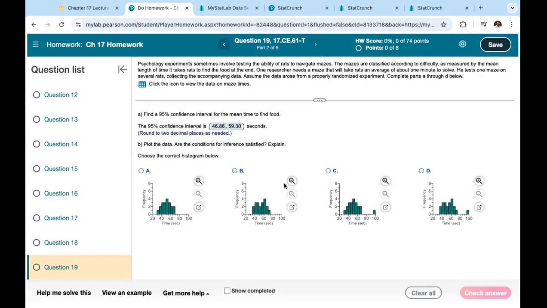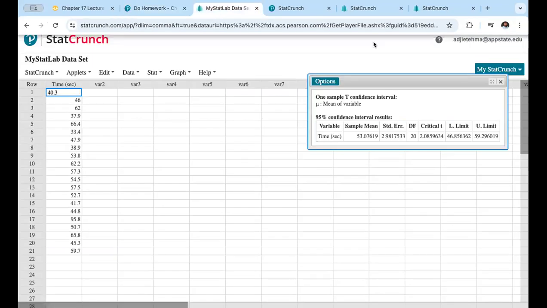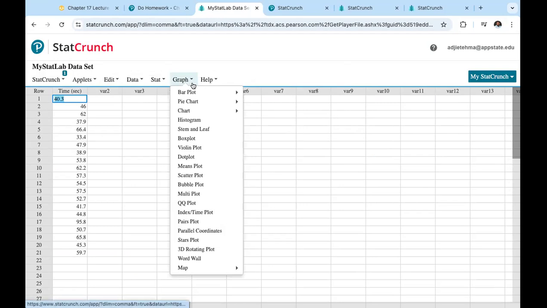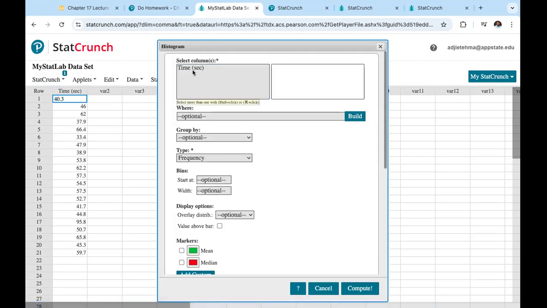So there we go. The next one is to what? We are asked to plot the data. And so when you look at this, we have to construct the what? The histogram. Is that okay? So I come here, I close this, and then I go to graph, histogram. I click on that. I do this one here.